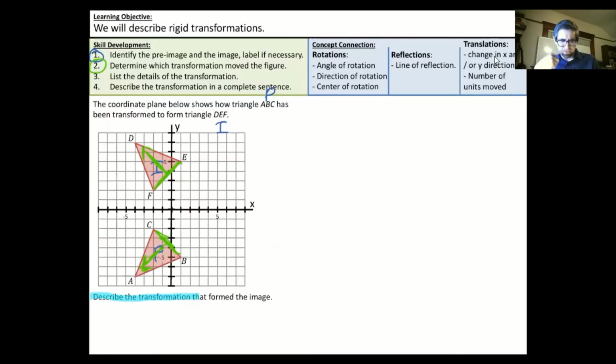Okay, well, let's first look to see if it was a reflection. If it was a reflection, the entire triangle would need to flip over a line of reflection. Let's see. ABC and DEF, if I were to count here, these are about 4 units apart. So we have 1, 2, 3, 4 units between these two triangles.